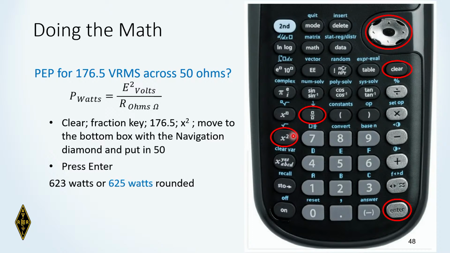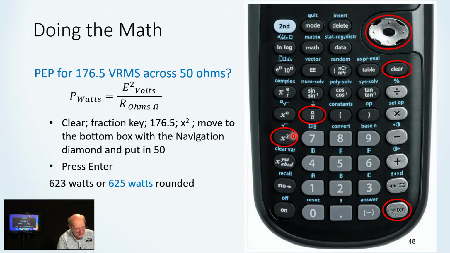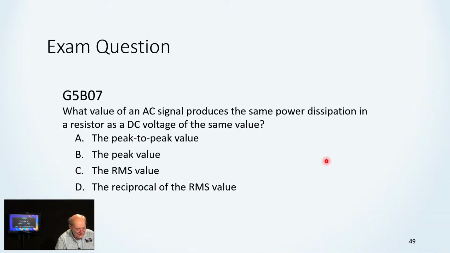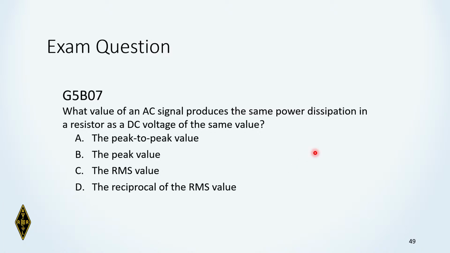Again, we did one very similar, so we'll skip over this one. Okay, now we've got principles and calculations mixed together here. What value of an AC signal produces the same power dissipation in a resistor as a DC voltage of the same value? Charlie. Charlie, good.